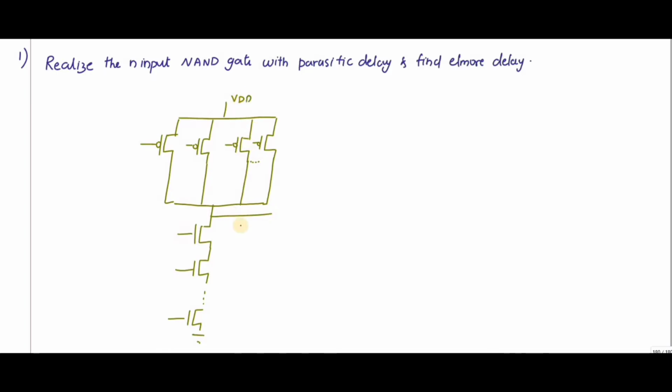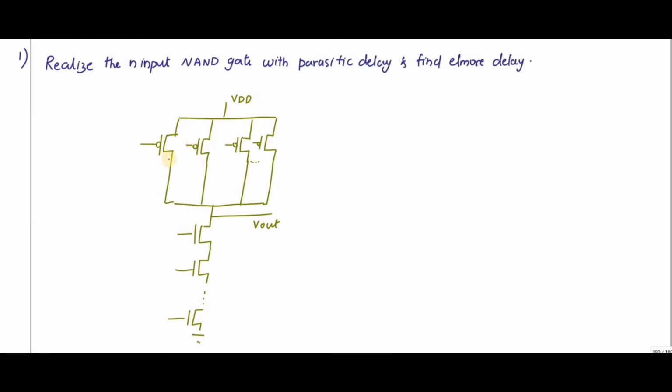This is your VDD, this is your Vout and this is your ground. You can replace each transistor by a resistor and a capacitance.